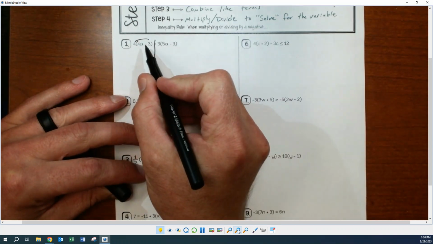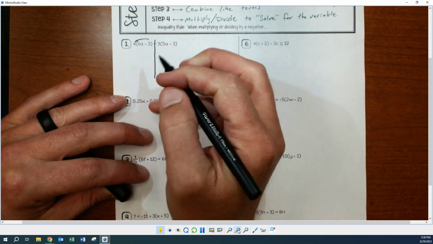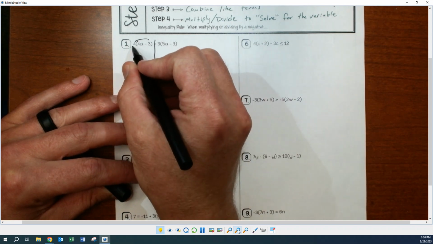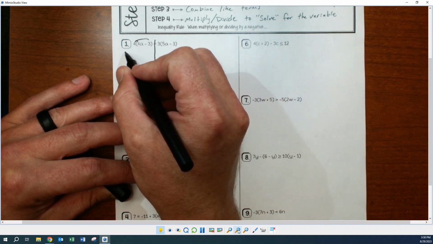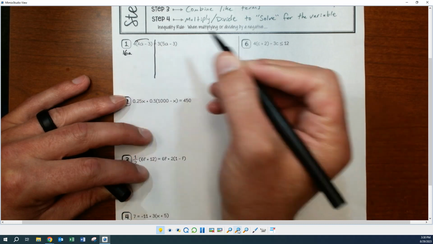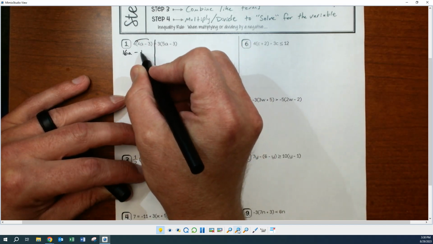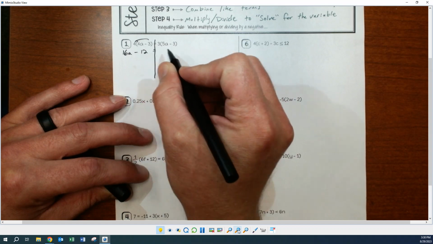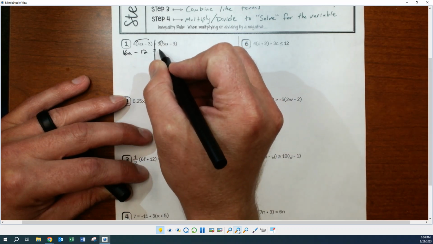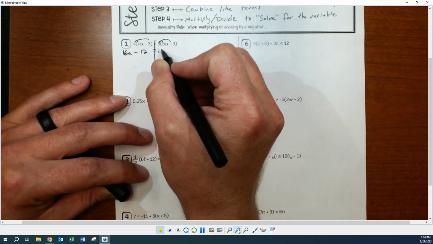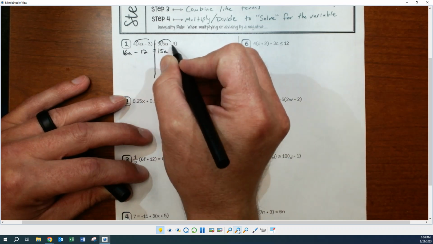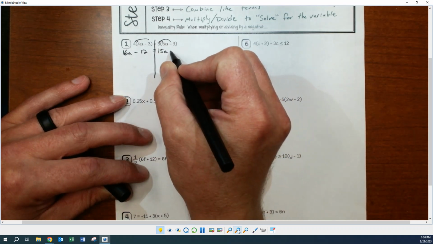When I distribute over here, 4 times 4 becomes 16a. 4 times negative 3 becomes negative 12. 3 times 5a is 15a. And 3 times negative 3 is negative 9.